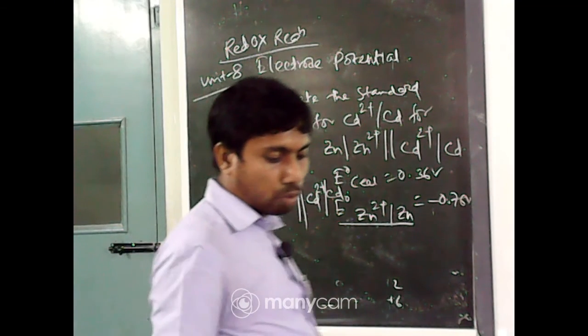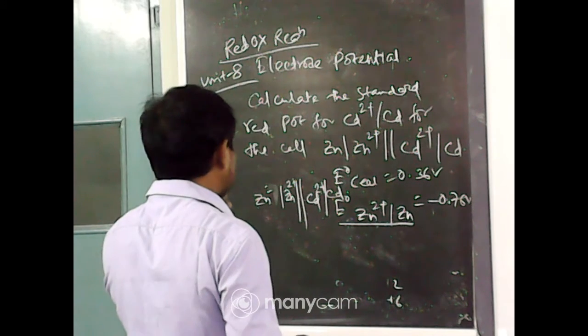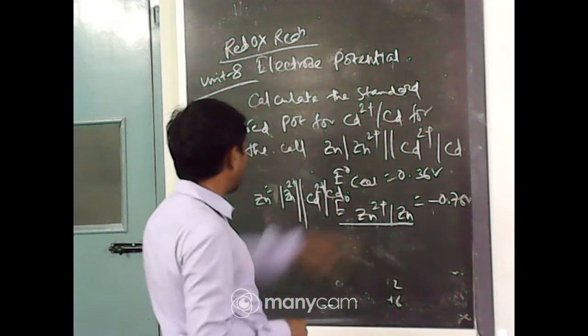Now, E0 of cathode minus E0 of anode. The cell is given as Zn|Zn2+||Cd2+|Cd.